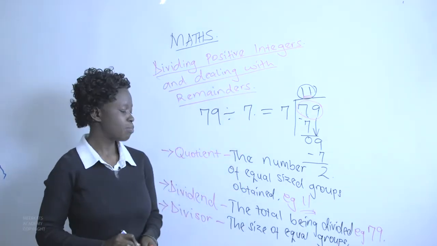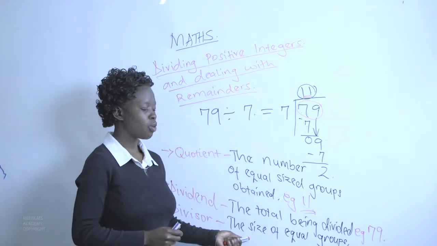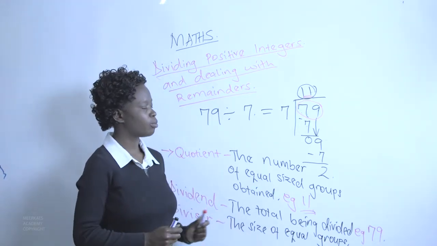By a divisor, we are simply referring to the size of equal groups that are obtained.